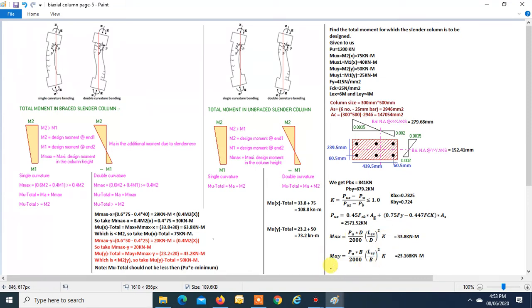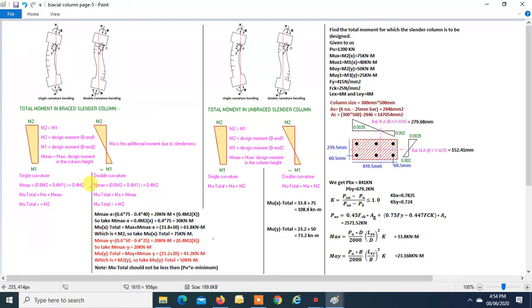Similarly, May: Pu is 1200, B is 300 mm, Ley is 4 meters, and k is kBY, that is 0.724, so this turns out to be 23.168.